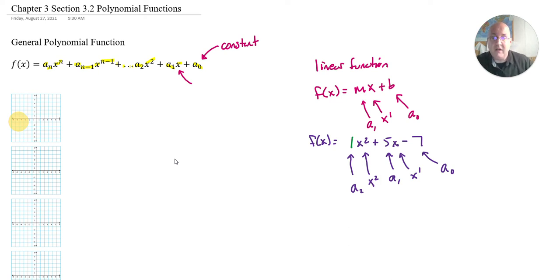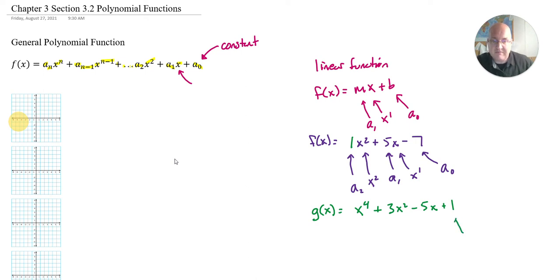Let me give you one more. Let's write, we'll do g of x this time. Let's say g of x is equal to x to the 4th power plus 3x squared minus 5x plus 1. Okay, so let's label each of these pieces.